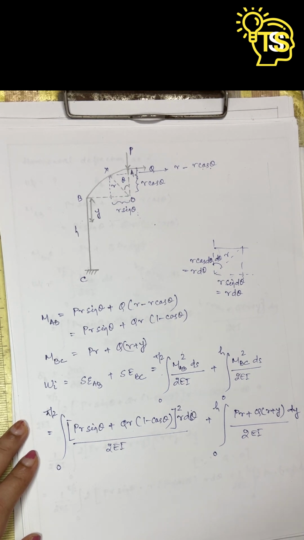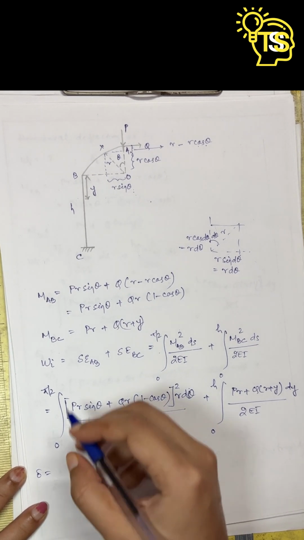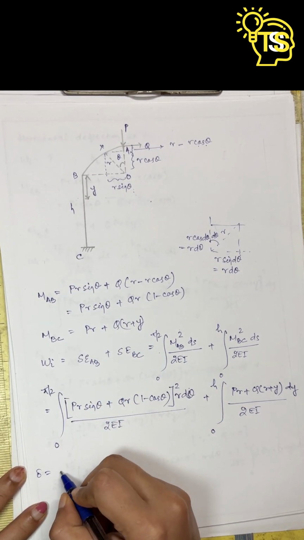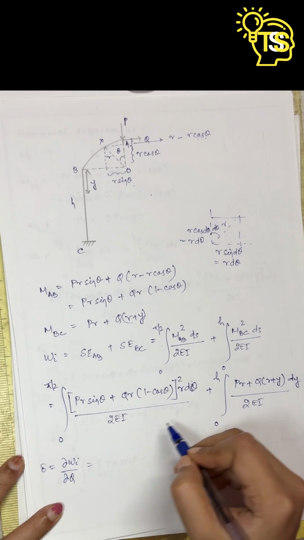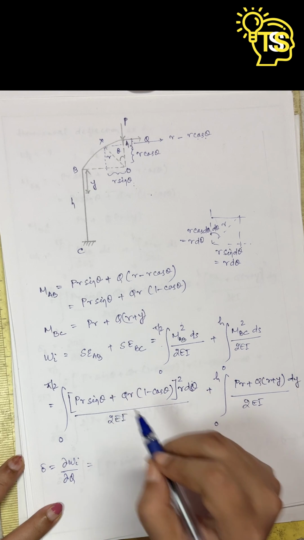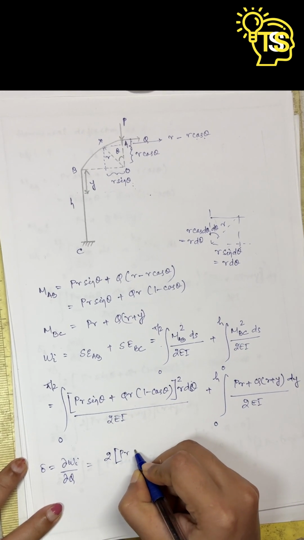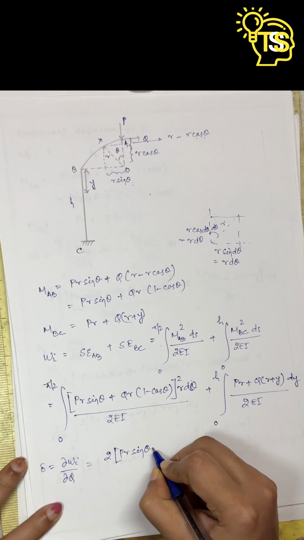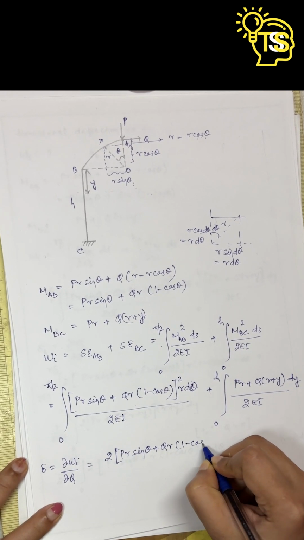Now let's calculate the horizontal deflection at A. The formula of deflection is the partial derivative of strain energy, that is del Wi upon del Q. Let's partially differentiate the strain energy. We will get 2 (PR sin theta plus QR (1 minus cos theta)).